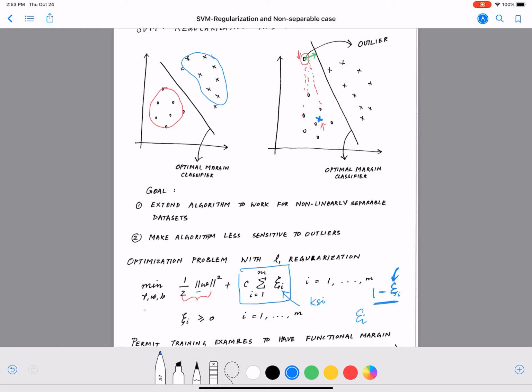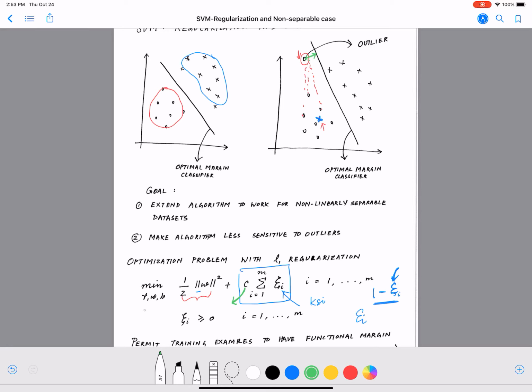So C here is our coefficient of the sum of the slack, right? So this variable gives us the amount of weight we are okay with giving to this slack. If we have a higher value of C, we are minimizing this entire quantity, so we only will allow less slack.